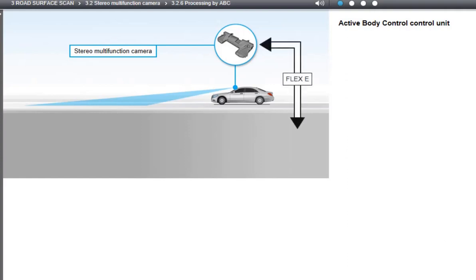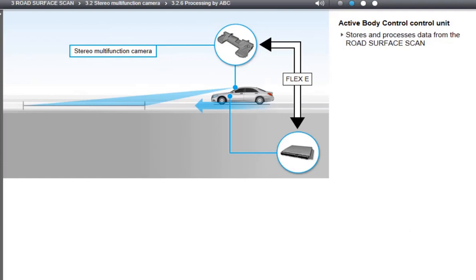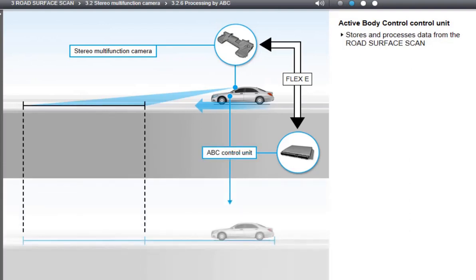The stereo camera sends the measurement results from the road surface scan through the chassis FlexRay to the active body control unit. The active body control unit stores and processes these results so that the captured stretch extends to just below the vehicle and even just behind it.